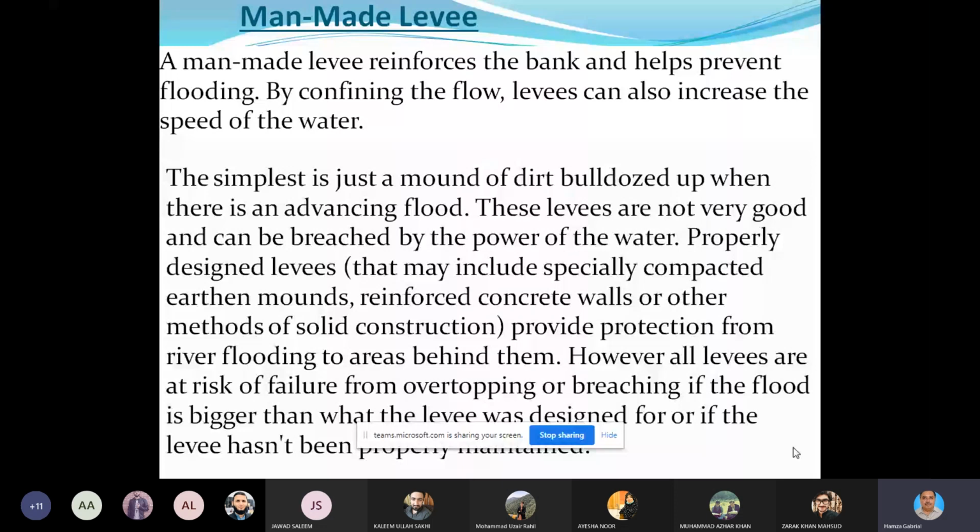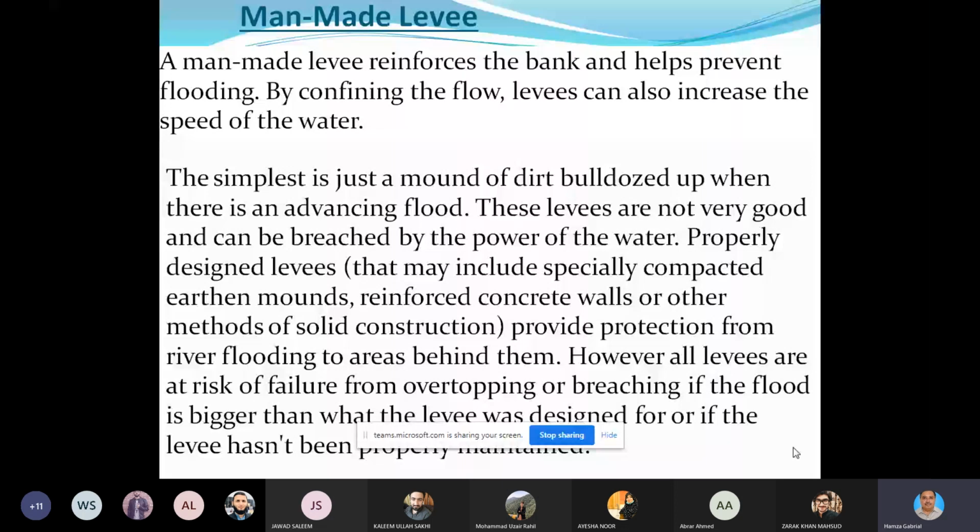The embankments or the levees, or in local language we call them bunds, are constructed and they help us keep the flood water within the channel and the area between the levees. So it is not spread in the adjacent area, and the area is protected from inundation.